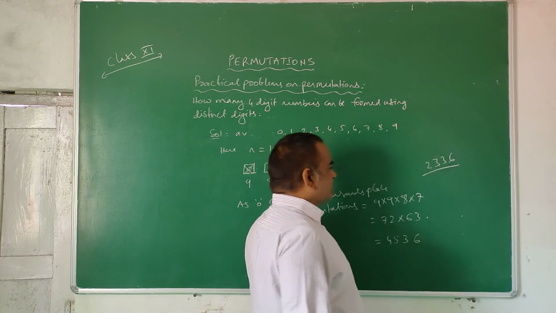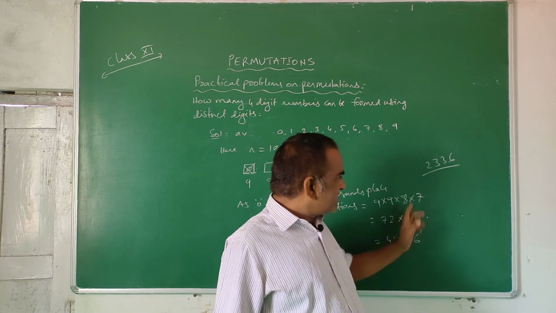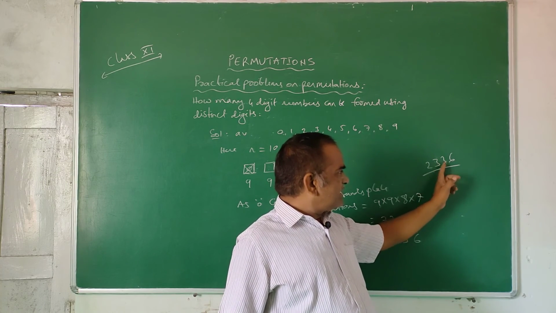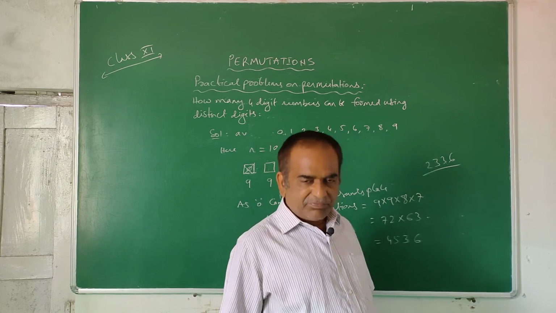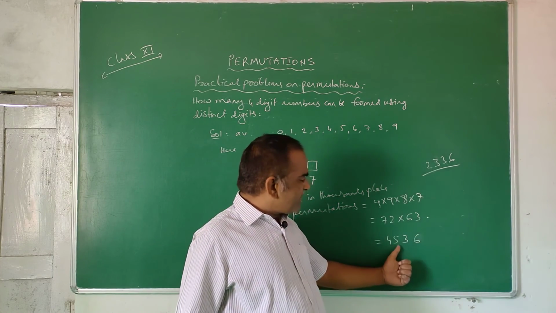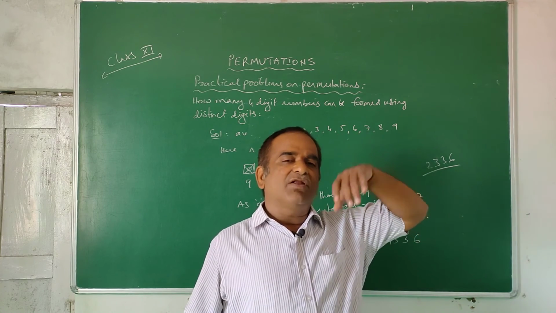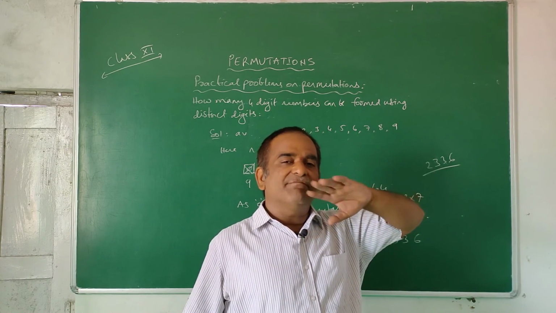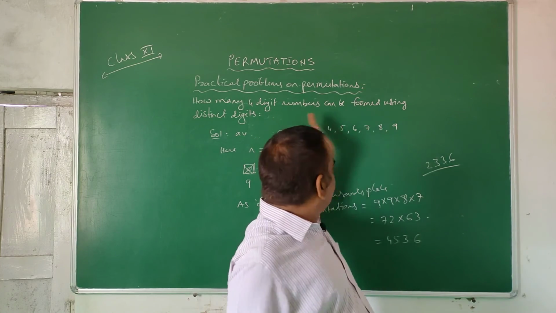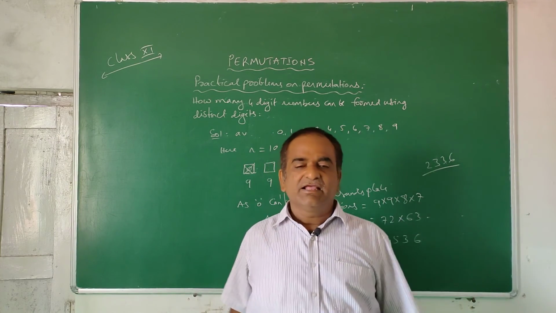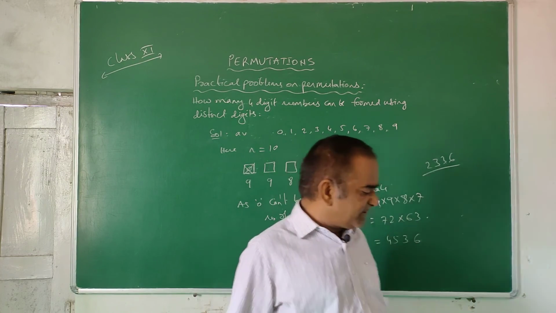These kinds of numbers have not been included in this total, because here the digits are repeated. So you are not allowing repetitions. So this 4536 represents the number of all 4-digit numbers using the available 10 distinct digits in which no digit is repeated. Understood?